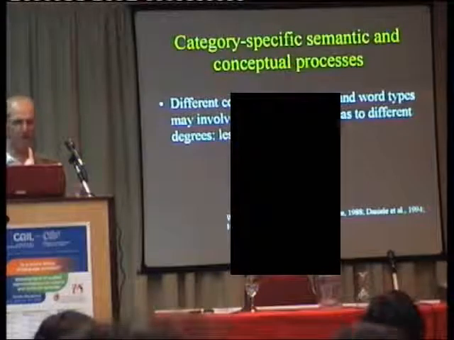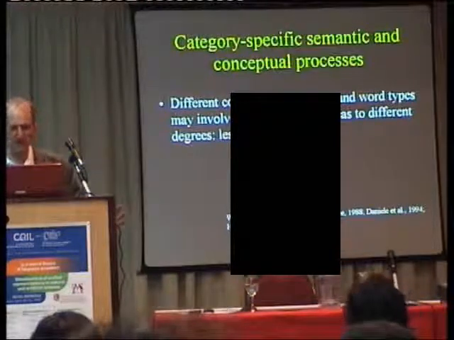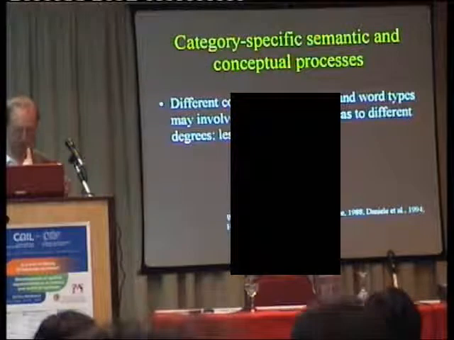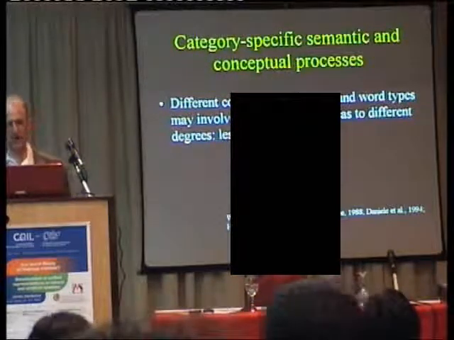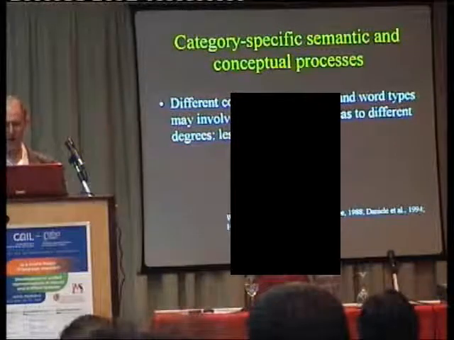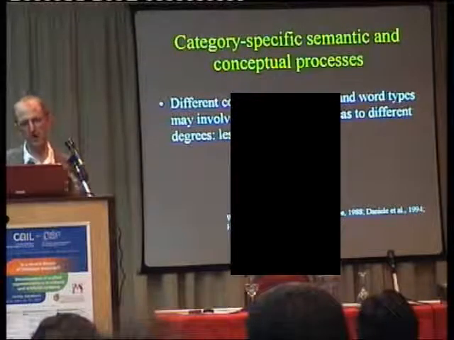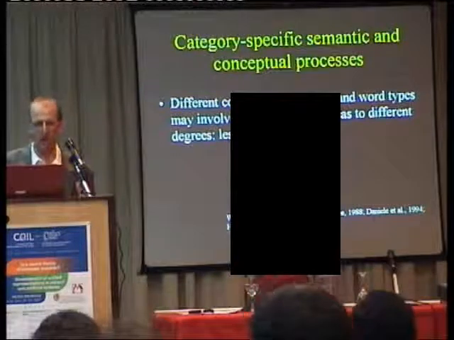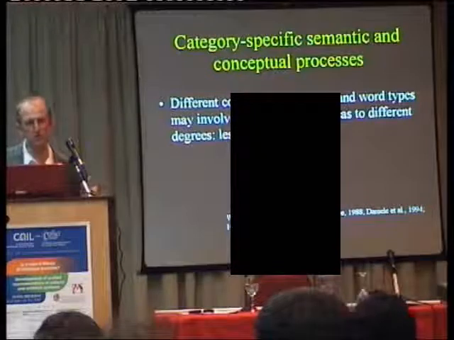Now, how can that be? Well, a possible explanation is in the tradition of cognitive neuropsychology. Work by Warrington, Shallice, and McCarthy had emphasized already in the 70s and 80s that possibly different conceptual and semantic categories may involve specific cortical areas to different degrees.